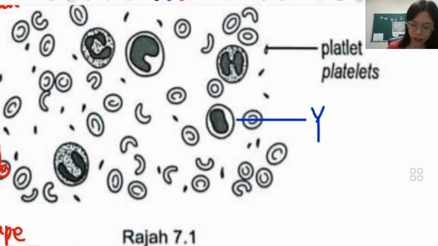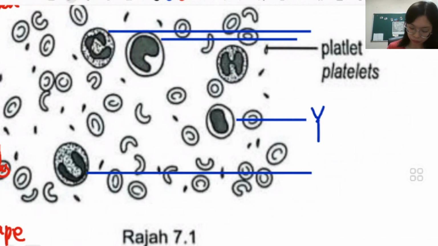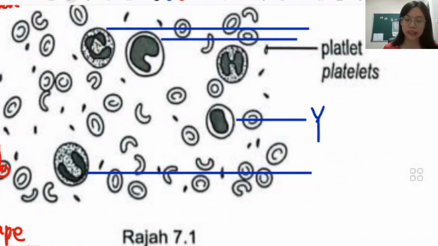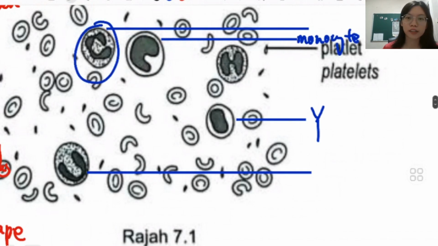So as a revision, this is the one that is closely related to lymphocyte where it doesn't have granules, but it has a bean-shaped nucleus. So it is a monocyte. And what about this one? You can see it has three lobes.